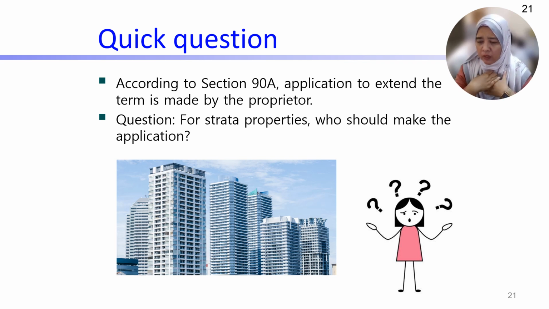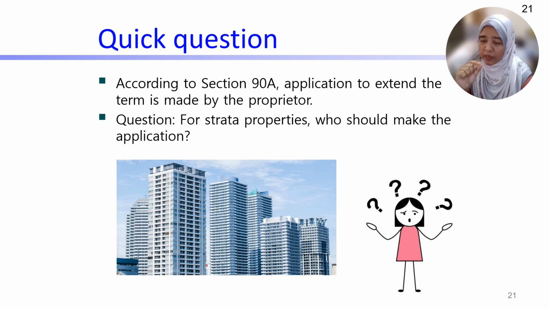So kita sebagai strata owners pun kita takut lah, kan. If the leasehold of the master lot tu expire, you takutlah you punya apartment pun akan dikembalikan, akan diberi transfer kepada state authority, kan. Habislah you punya property. So, of course, you as strata owners, okay, you will want to extend the leasehold of the master lot.